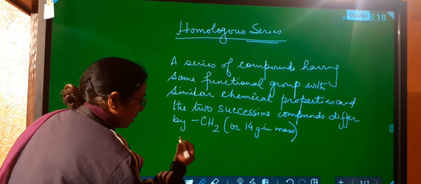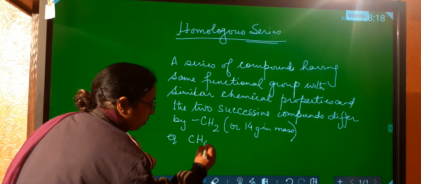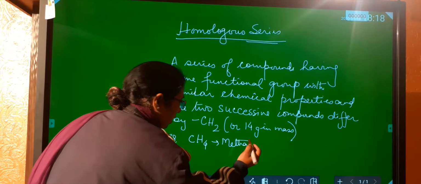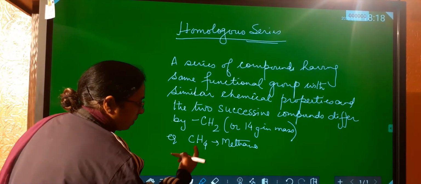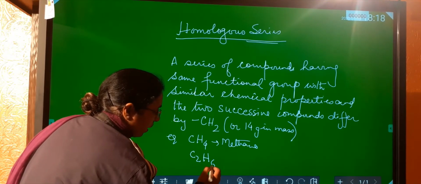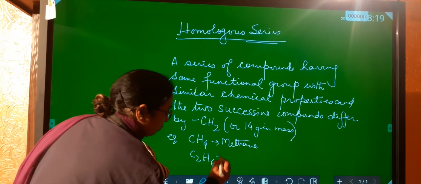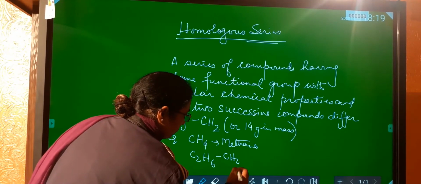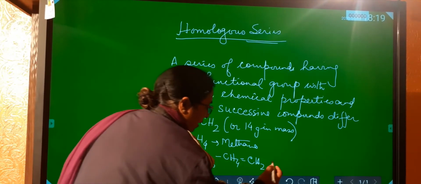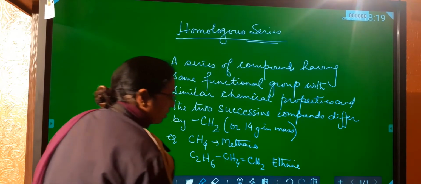Now let us see, for example, CH4, as you know, is known as methane. And if I write ethane, then this is C2H6. Now if I subtract C2H6 minus CH4, then this is 1 CH2.